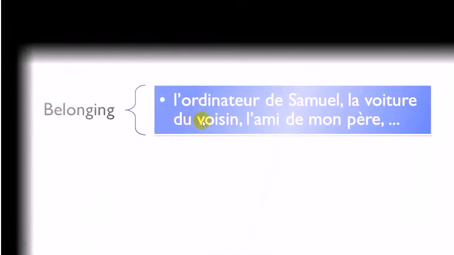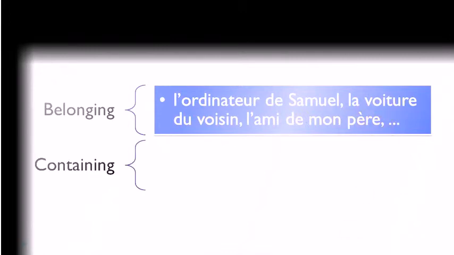Voisin is the neighbor, and if you look carefully, you've got the preposition de combined with the article le, and it becomes du. Another possibility, l'ami de mon père, the friend of my father. So it's really this belonging, something or someone belonging in a way to something or someone as well. So l'ordinateur de Samuel, la voiture du voisin, l'ami de mon père.